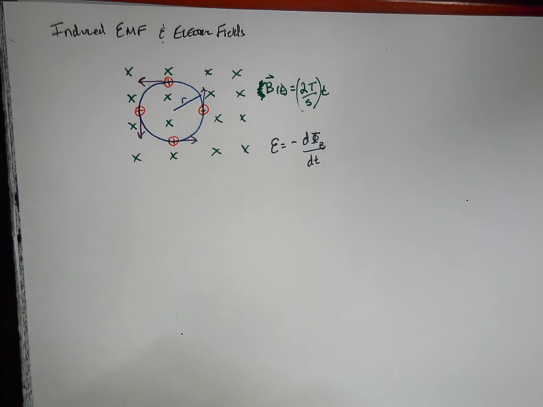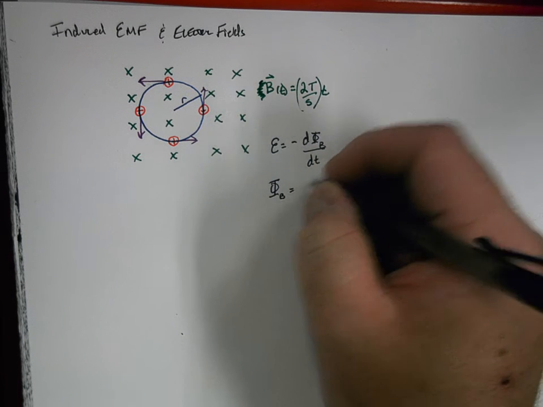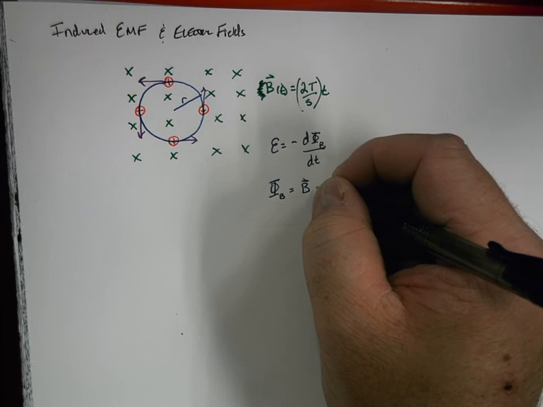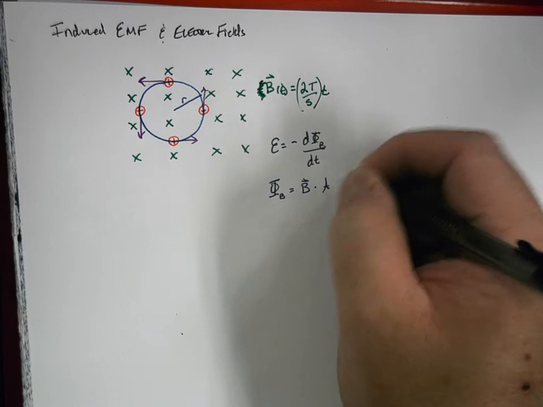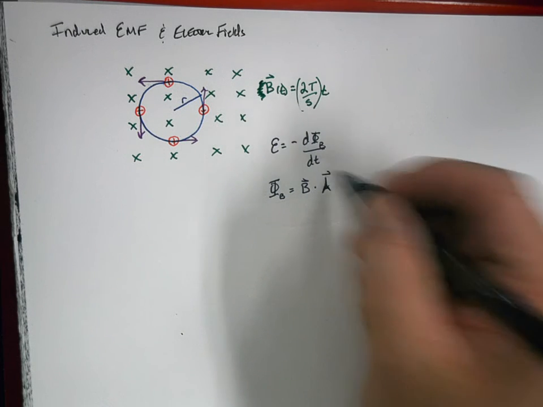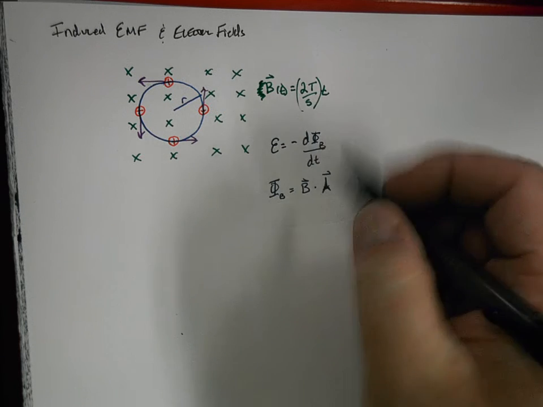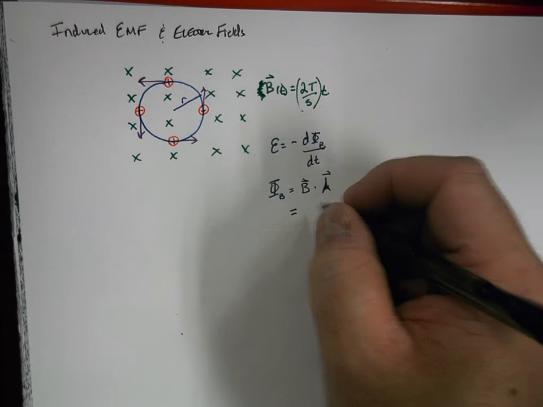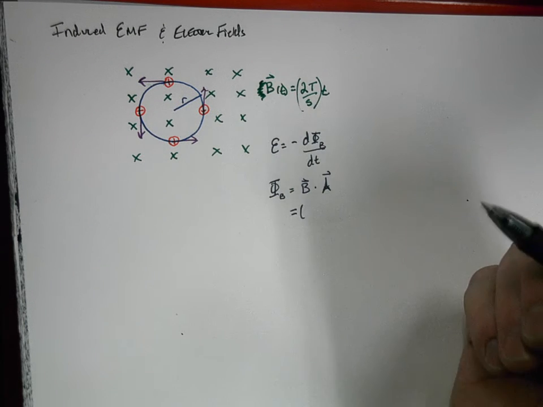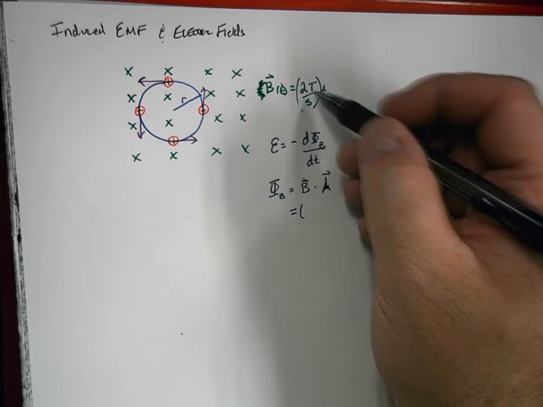Phi is B dot A, which is our area, right? So in this particular case, our phi is going to equal... I'm going to drop the units right now, just for simplicity's sake. I'm going to drop these units.